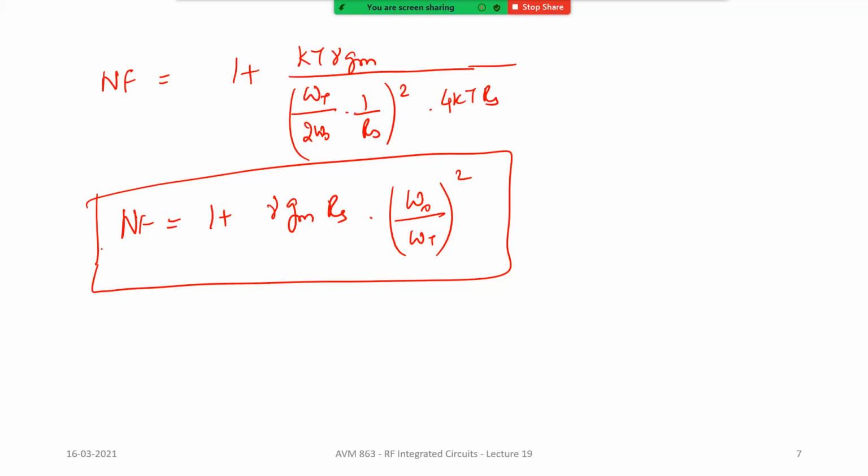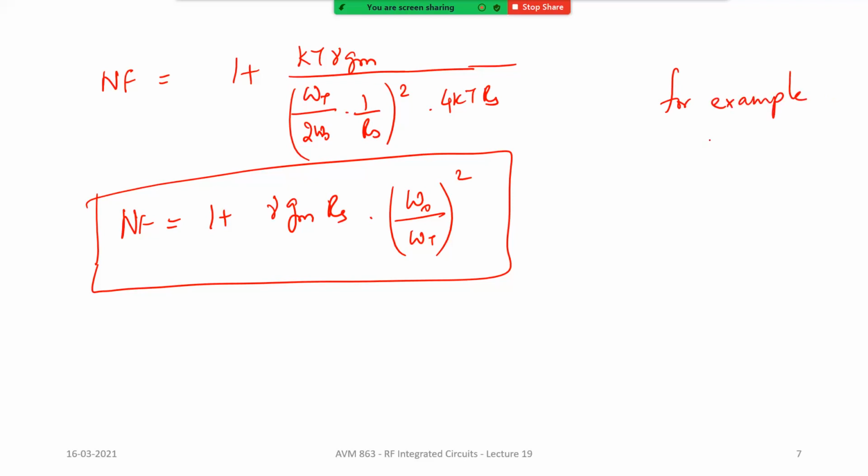So let's spend some time trying to understand this expression. What is this telling us? So far, in all the LNAs that we discussed, we always saw that noise figure is greater than 2, or in other words, noise figure is greater than 3 dB. But here, if you see, gamma GM Rs into omega by omega t, the whole square.